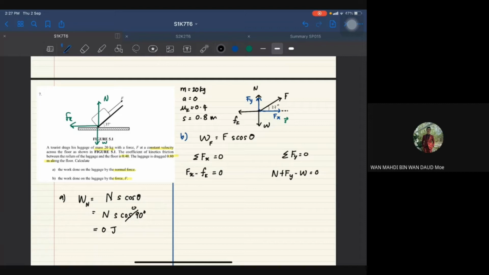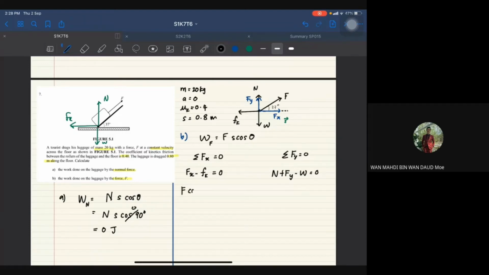Since the question wants us to find the work done by F, you need to find F. So you can open out the F over here. I suspect that because they did give you the mu, somehow you might have to use it. The mu comes from inside here, so I open this up into a formula.